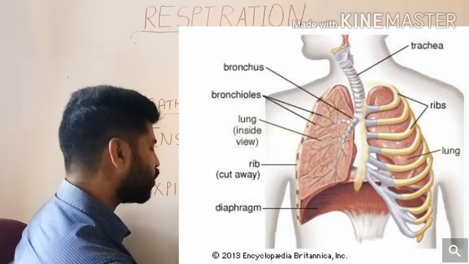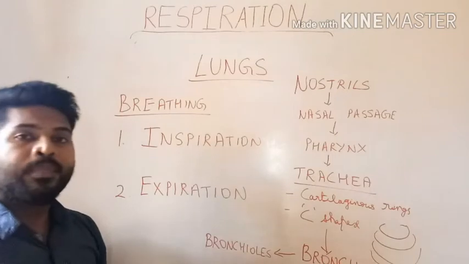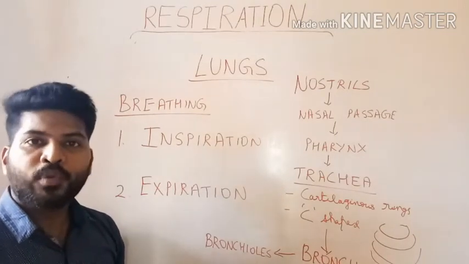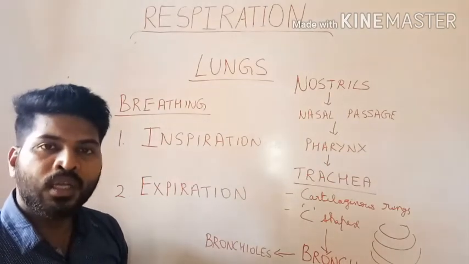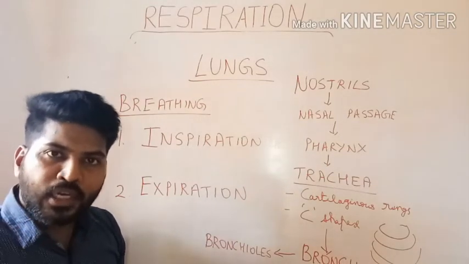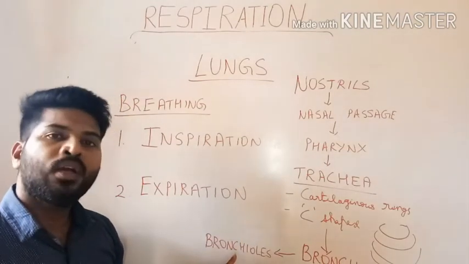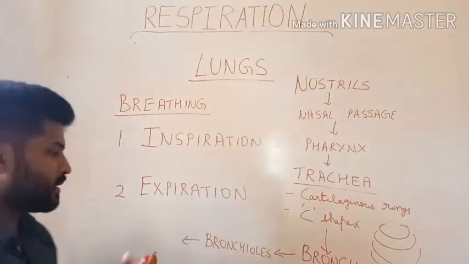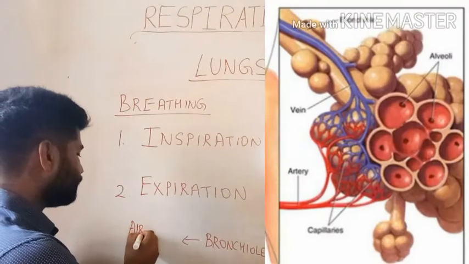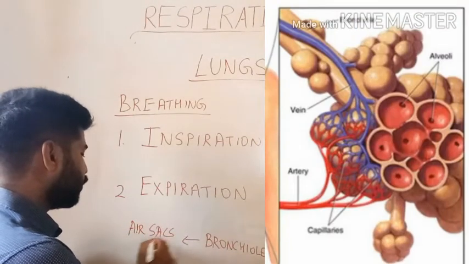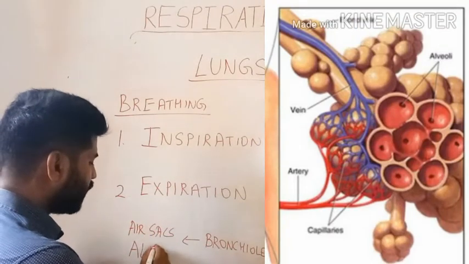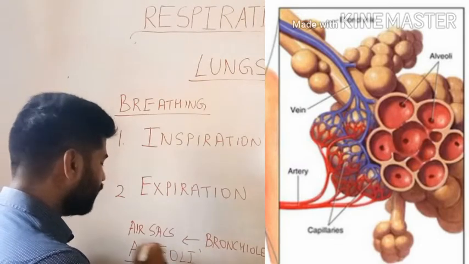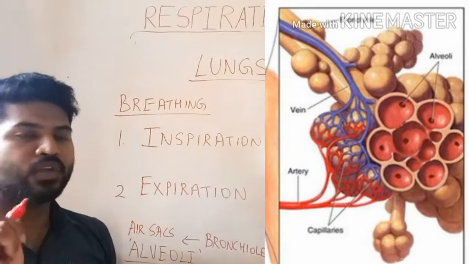There would be as many as 3 types of bronchioles: primary, secondary, and tertiary bronchioles. At the end of the tertiary bronchioles, you will find air sacs, known as alveoli. Alveoli is plural, alveolus is singular.